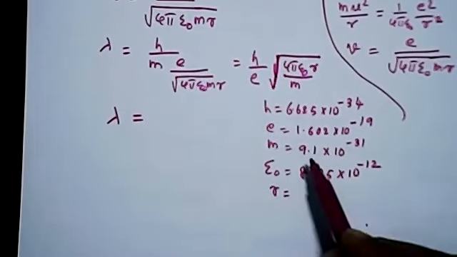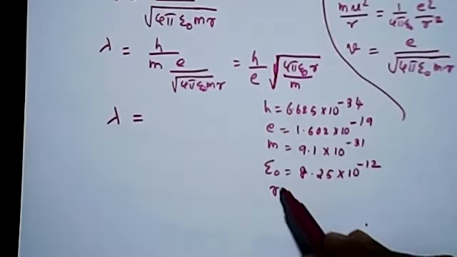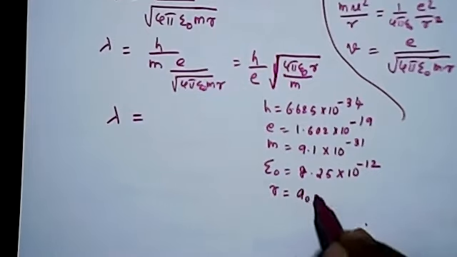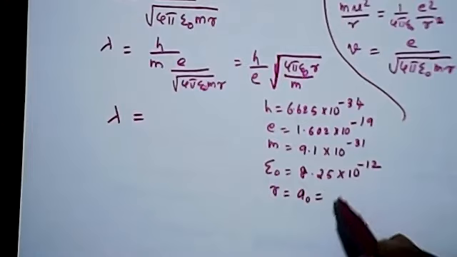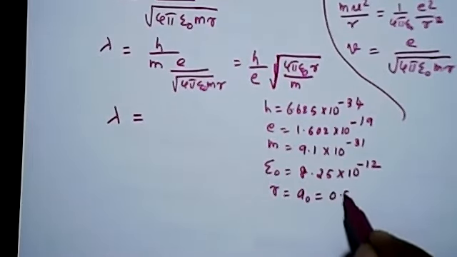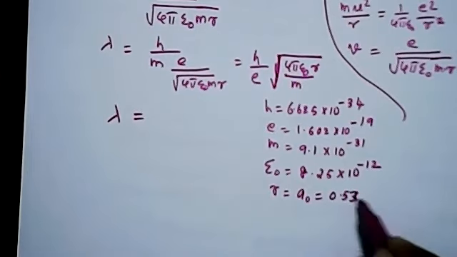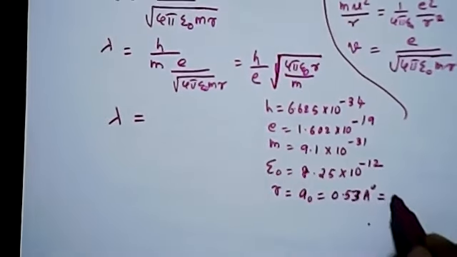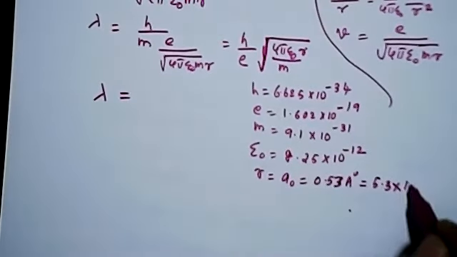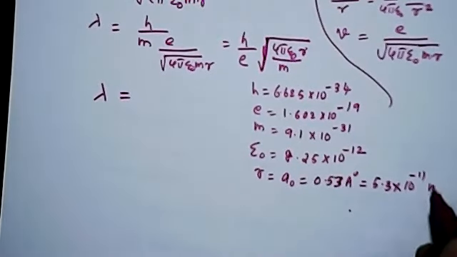We assume the first orbit of the hydrogen atom. So r is the Bohr radius, r equal to a0, and the Bohr radius is nothing but 0.53 angstrom, or you can write 5.3 into 10 to the power of minus 11 meters.